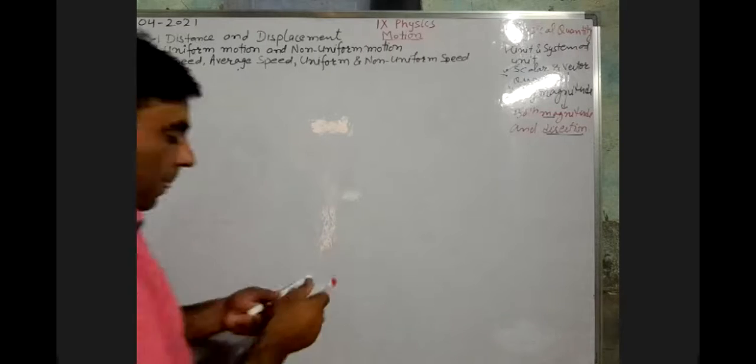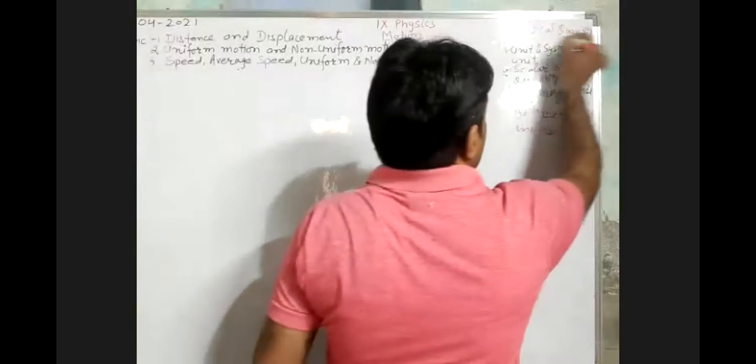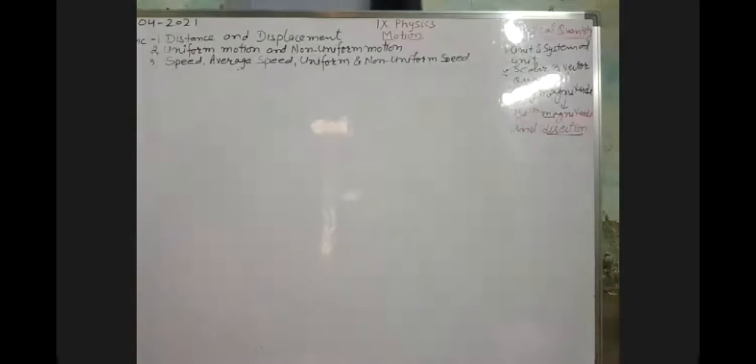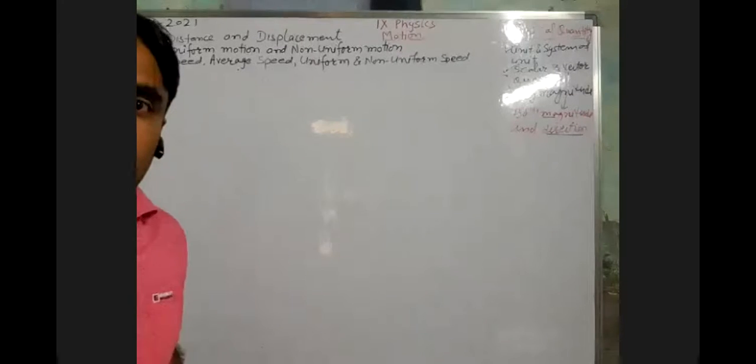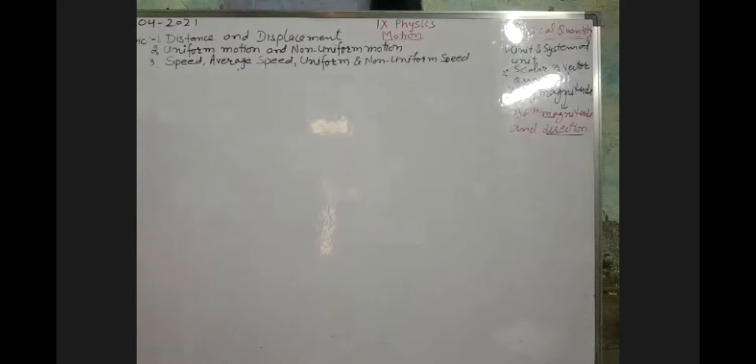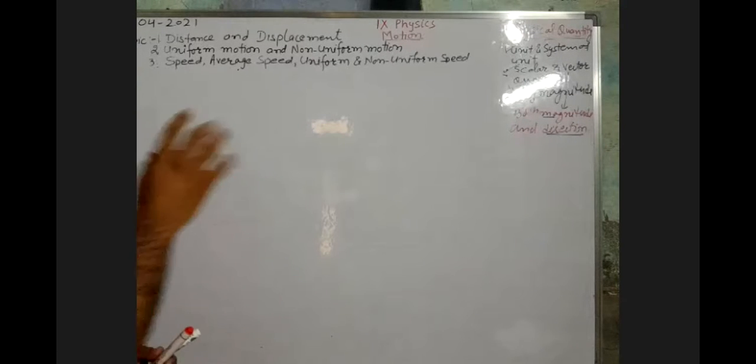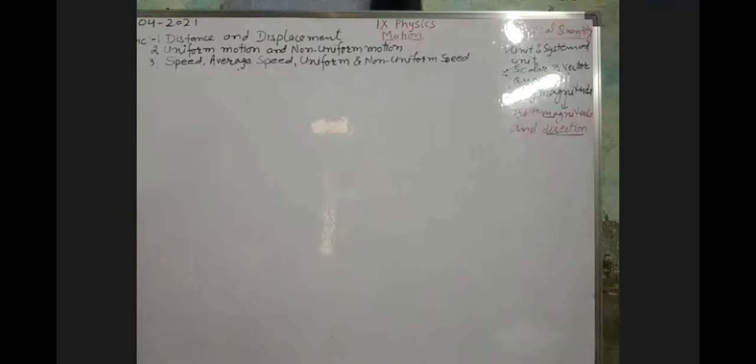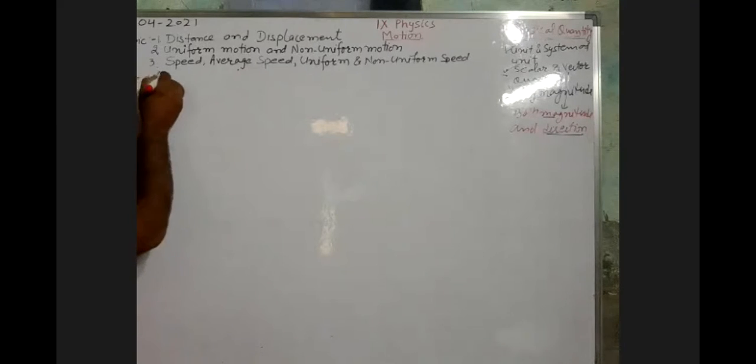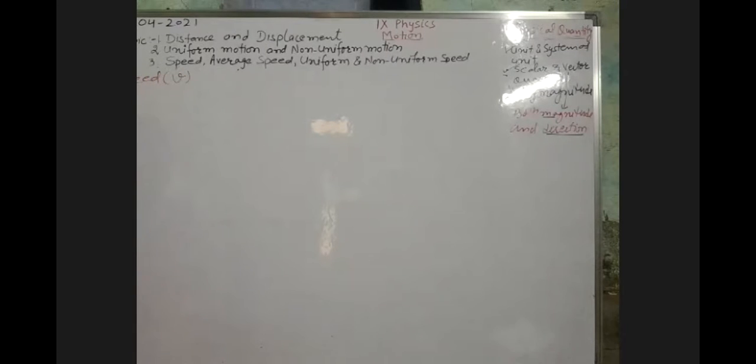Always remember that any quantity which we are taking is a physical quantity. So the next quantity is speed. Speed is denoted by small v, or we can represent it by small u. So what is speed?